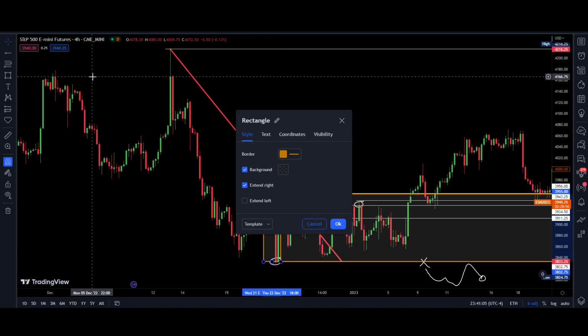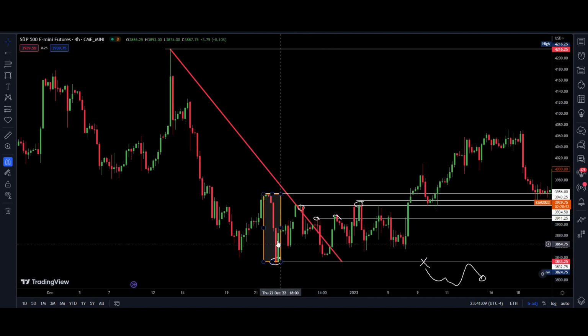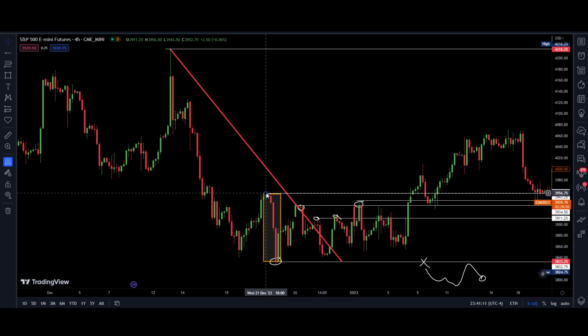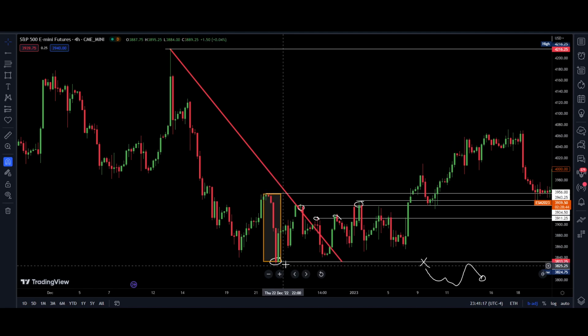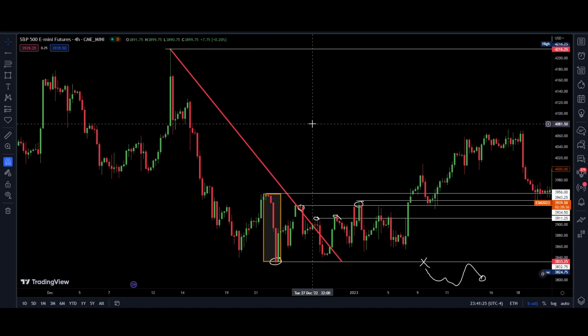And that may be language that we haven't used yet. But you see what I'm saying? That's the local swing high that brought you to the swing low in this area.